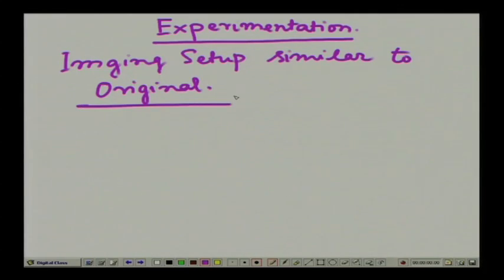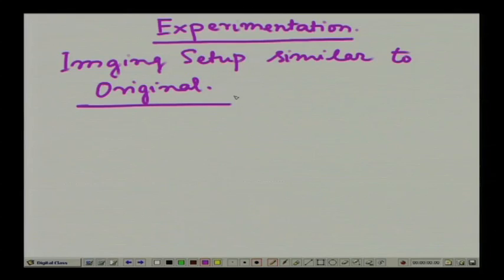The assumption is that if I can estimate the degradation function of this acquired imaging setup, which is similar to the original, then the same degradation function also applies to the original one.